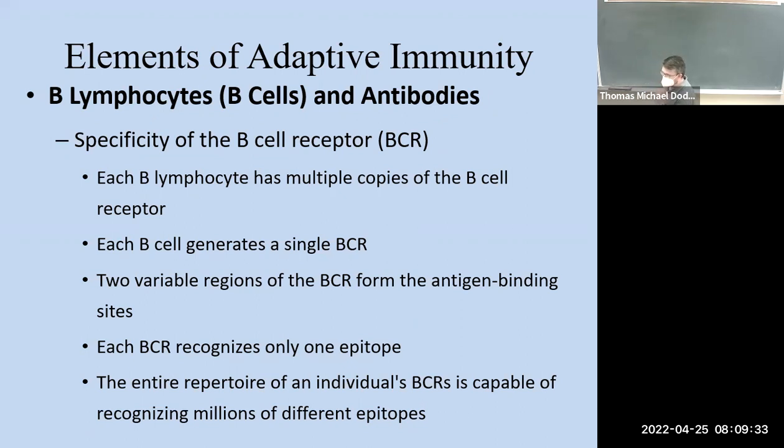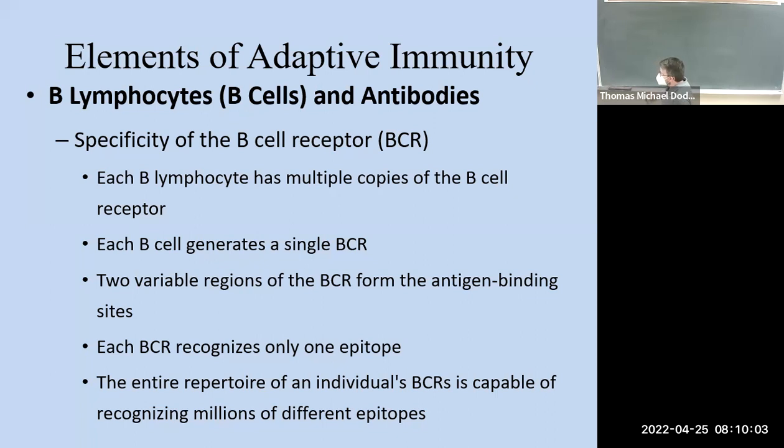If it doesn't have the right shape, it won't fit, it won't attach, it won't recognize the invader as an invader. And each B lymphocyte has multiple copies of that B cell receptor. Every cell has one kind of receptor, so another cell could have a different kind of receptor. And of course, that means you're going to have multiple B cells.